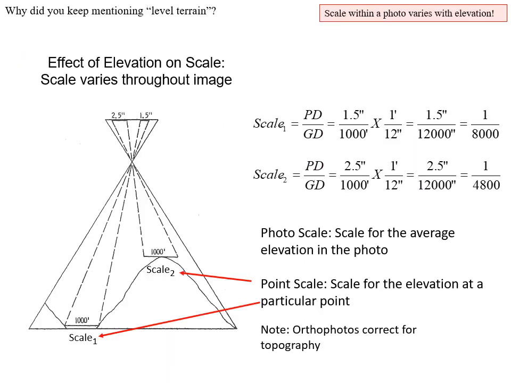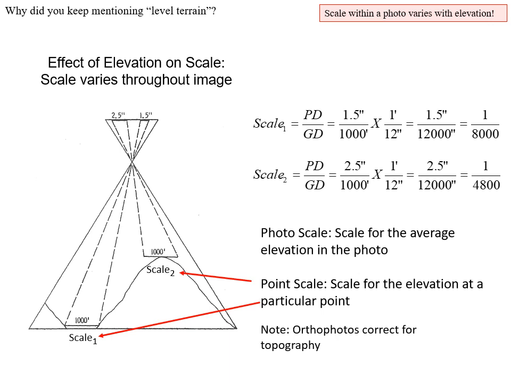Here we see a figure illustrating the effect of elevation on scale. So we have two objects there, or two lines there, one at a lower elevation, one at a higher elevation, each one of which is 1,000 feet in distance. Okay.